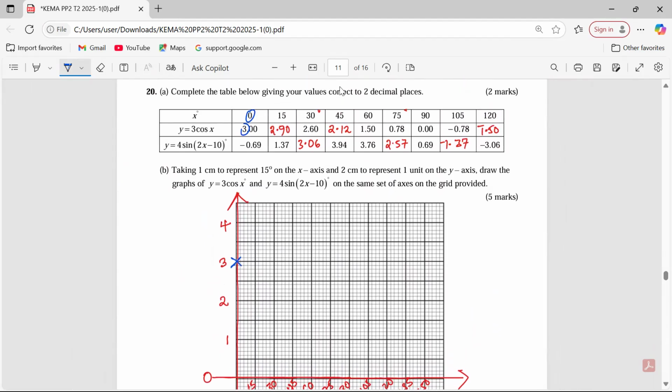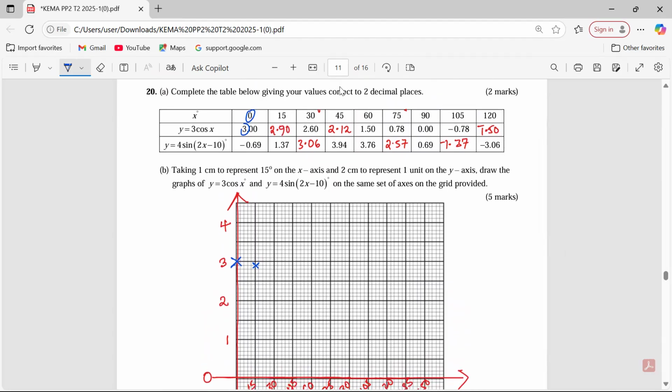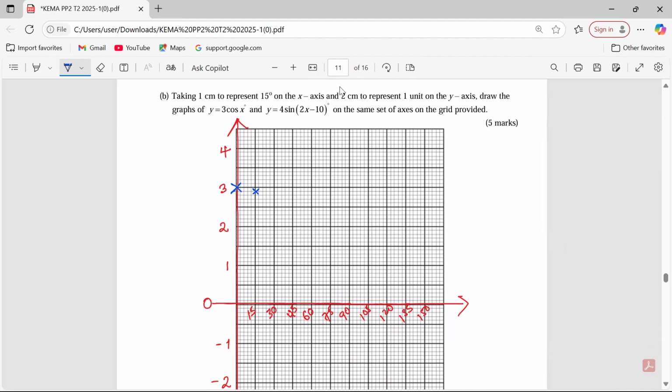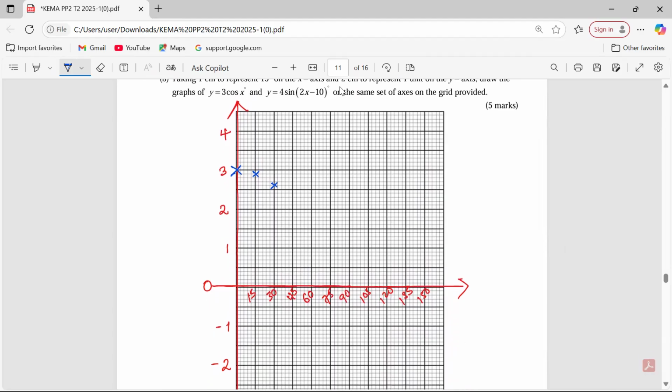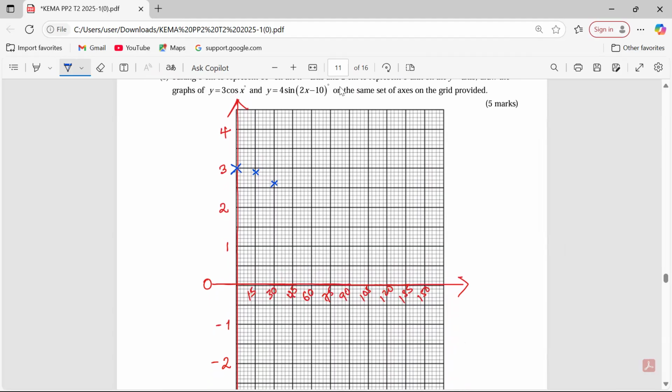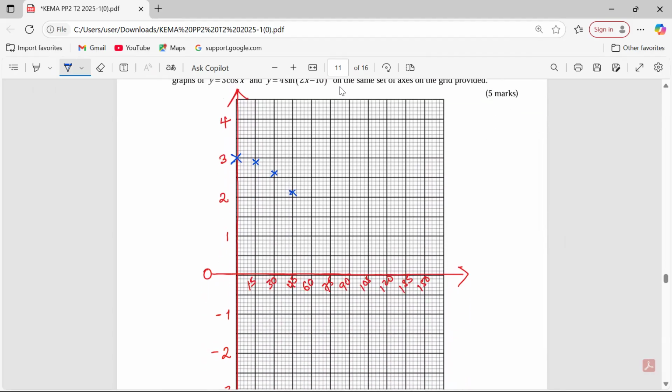The next is 15, 2.9, which is slightly below 3. Then 30 and 2.6, slightly above 2.5. 45 and 2.1, that is the point. 60 and 1.5. So 1.5 is there.